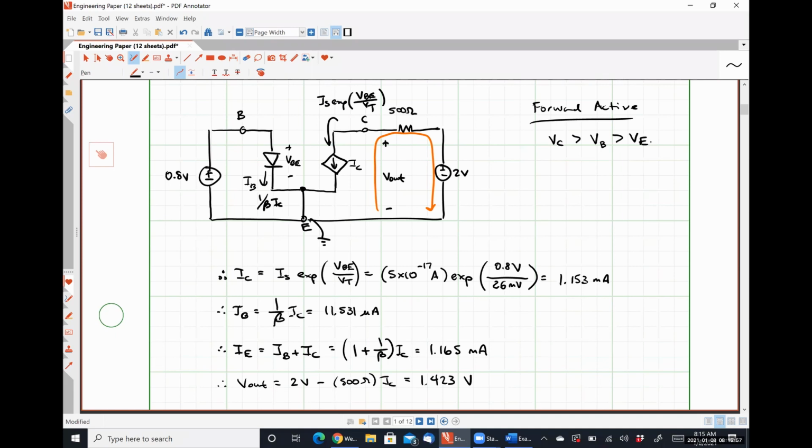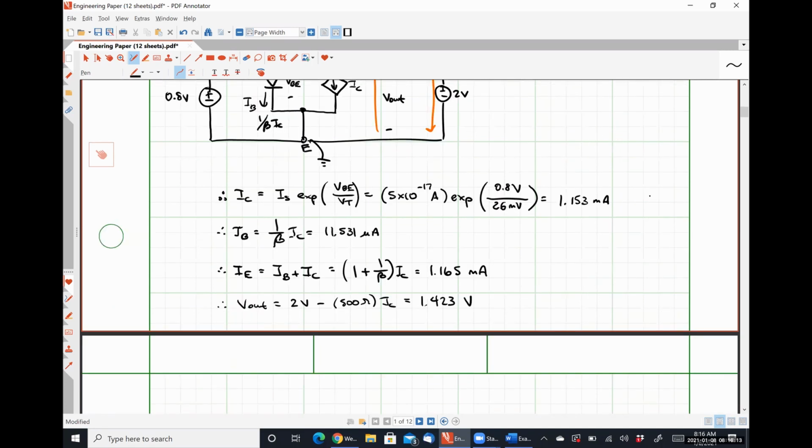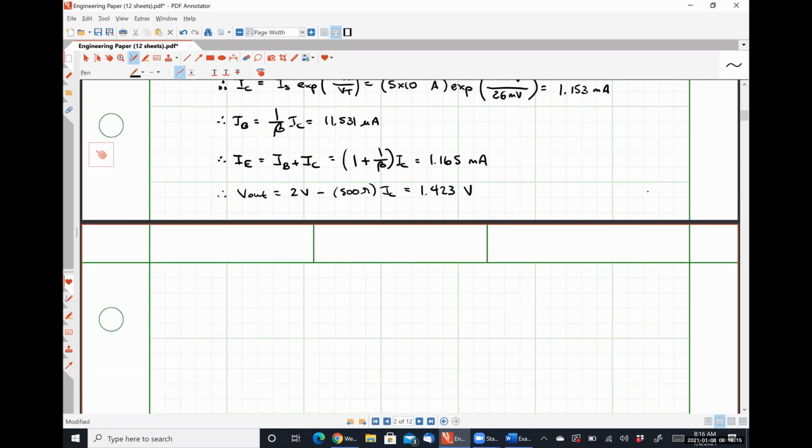So another question that I might ask, and this is one of your homework questions, so that's why I want to talk about it. What's the largest resistor we can put as RC in order to maintain operation in the forward active region? So let's write that down here.